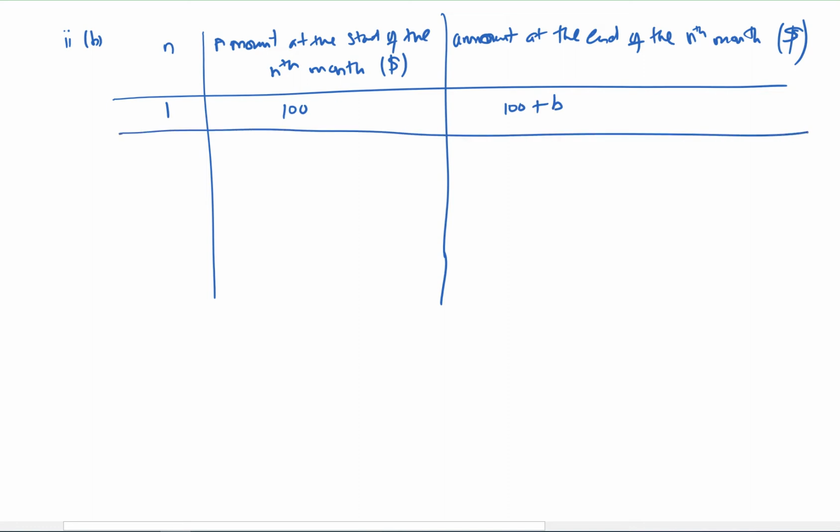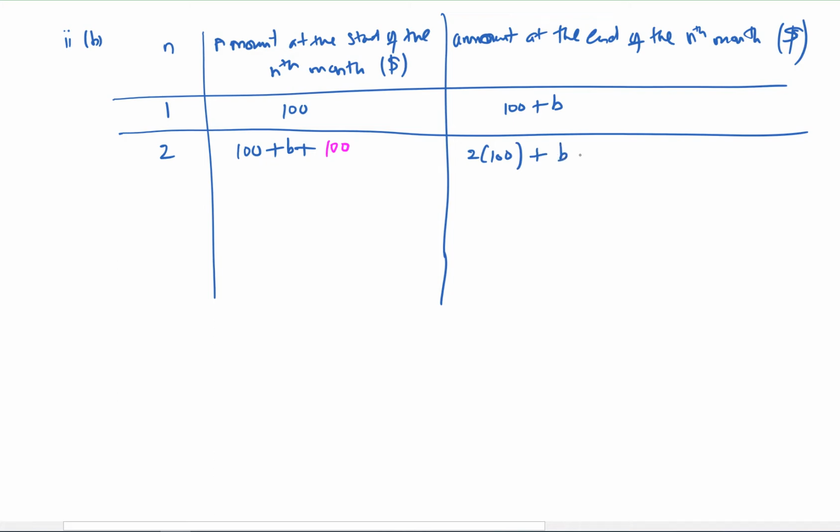When n is 2, at the end of the month, on the 1st of February you will add another $100. So what happened at the end of the month? You will have two $100 plus this B, which was already there.